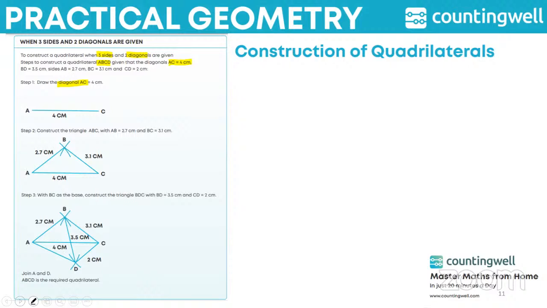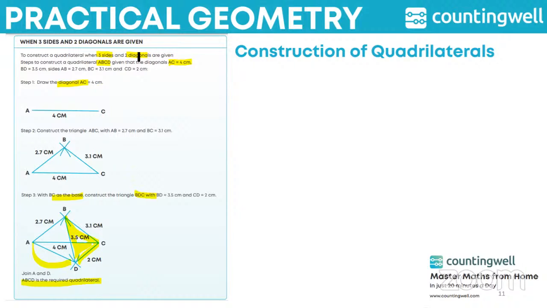Next, with BC as the base, we construct triangle BDC with BD equal to 3.5 centimeters and CD equal to 2 centimeters. Then we join A and D. So at last we are joining A and D. So ABCD is the required quadrilateral.